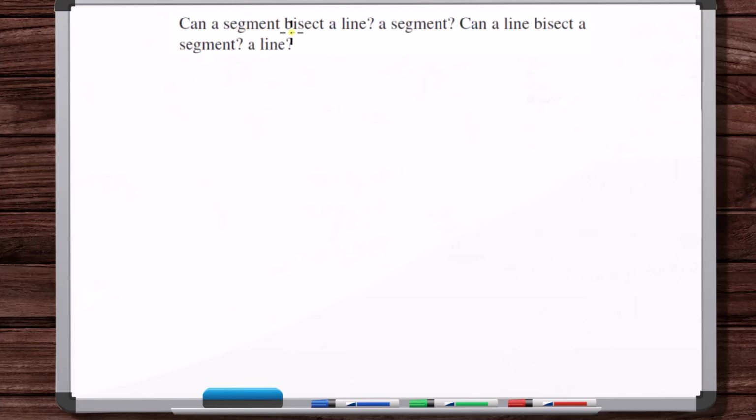Can a segment bisect a line? Can a segment bisect a segment? Can a line bisect a segment? Or a line. So, okay. Can a segment bisect a line? So let's draw this. Let's put some randomly oriented line. Okay. And to label the line, you can put points like this.